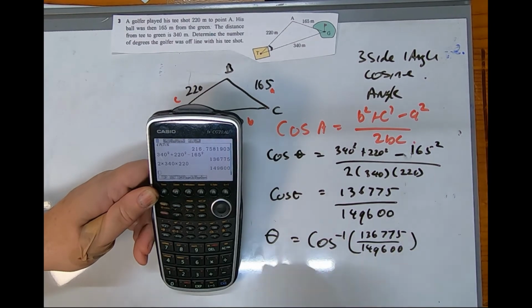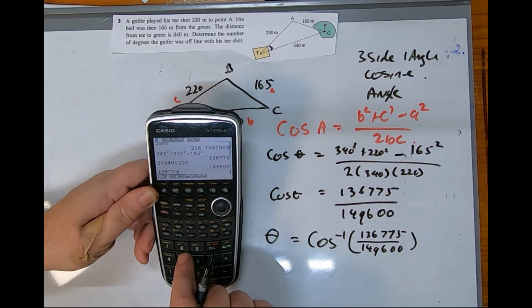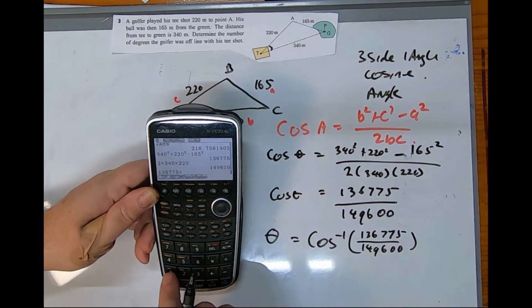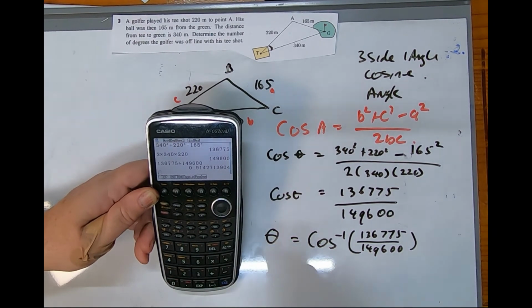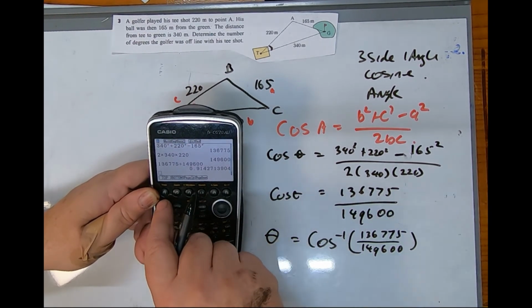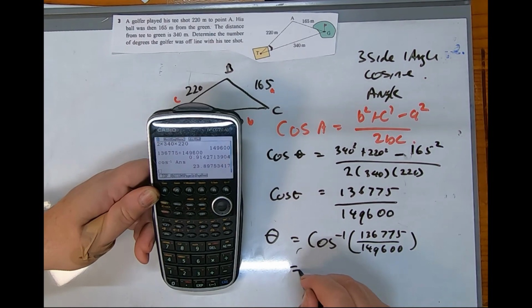The bottom looks bigger than the top. Okay, shift cos of that number is 23 degrees.